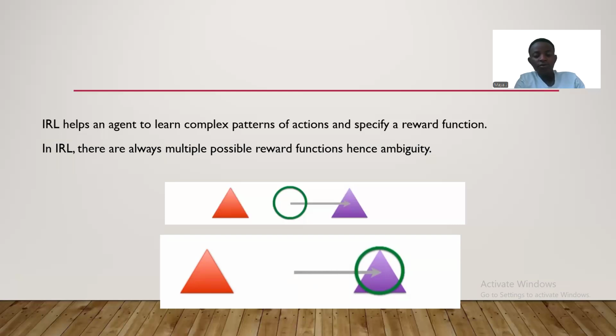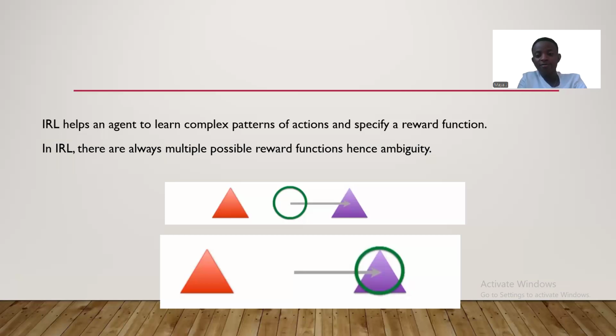Another reward function would have been moving rightwards, and it would still have found the green circle where it is, in the purple triangle. Or the reward function could even have been to move towards the purple triangle.